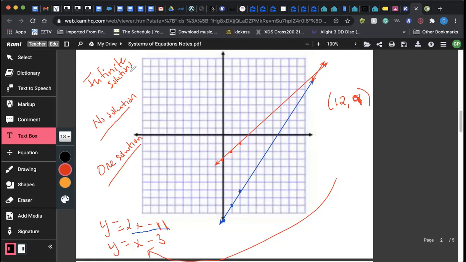So infinite solutions means that they are the exact same line. So when you rearrange it, you figure out that they're the same line. If they're the same line, then they have infinite solutions. They're always touching. They always intersect because they're the same. All right. So infinite solutions, same line. No solution means that they have the same slope, so they never intersect. And then one solution is your goal, right? So they have different slopes, so at some point they will intersect.